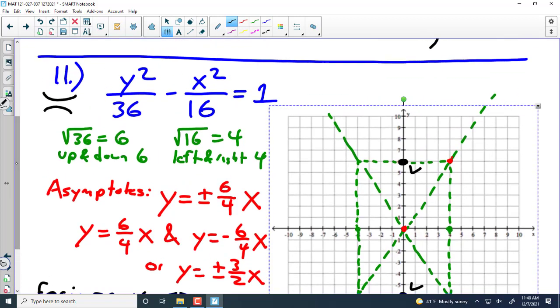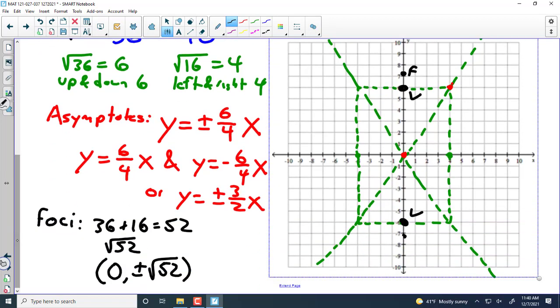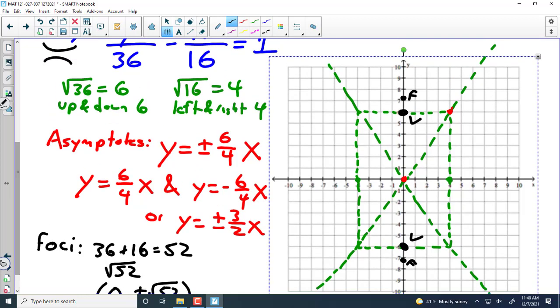Now, if for some reason you decide to put your foci on here, which some people do, and that's not wrong, but if you decide to actually put your foci on here, then you might make the mistake of going through that instead of your vertex when you draw your hyperbola. But please make sure it's your vertex you hit, not your foci or focus.